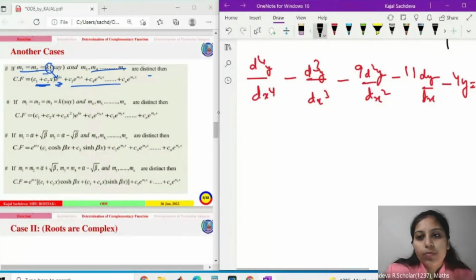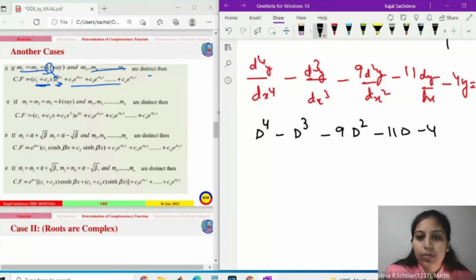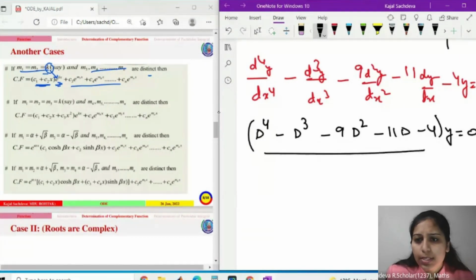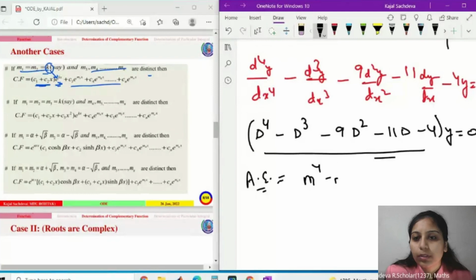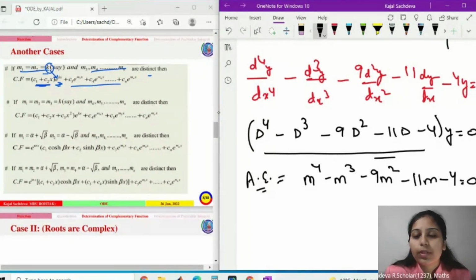Firstly we write it in symbolic form, taking d by dx as D. So we get D4 minus D cube minus 9D square minus 11D minus 4, taking y common out, is equal to 0. This is our f of D. Replace D by m and write the auxiliary equation as m4 minus m cube minus 9m square minus 11m minus 4 is equal to 0. So this is a 4-degree equation.